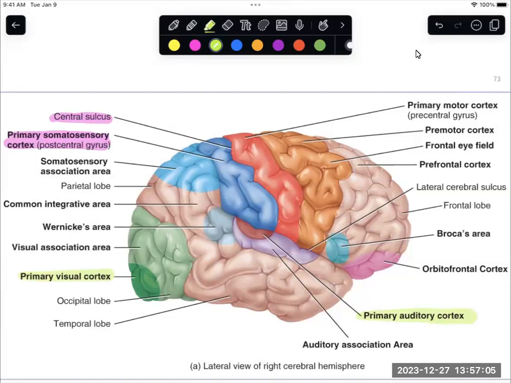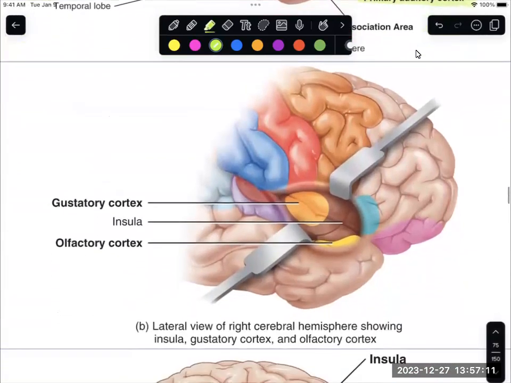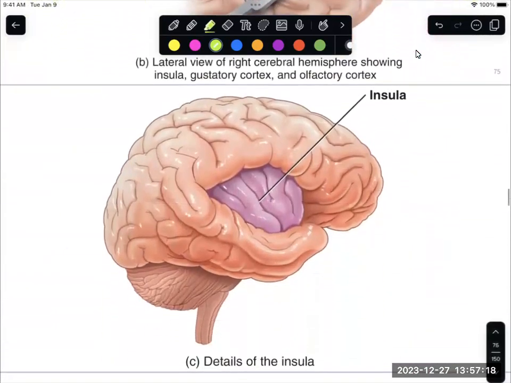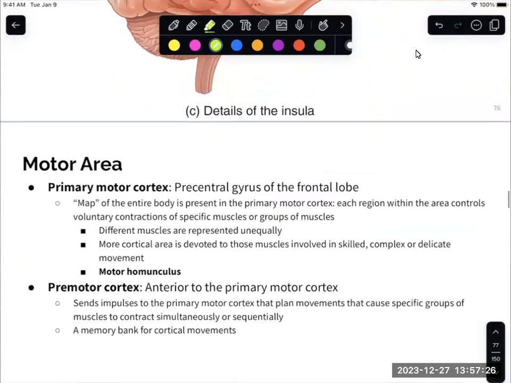They're not showing me the insula. That's why. Now we get that gustatory and that olfactory. So on this insula in here, this insula is helping to process taste. So you know what you are tasting.